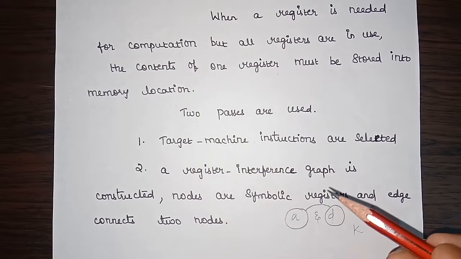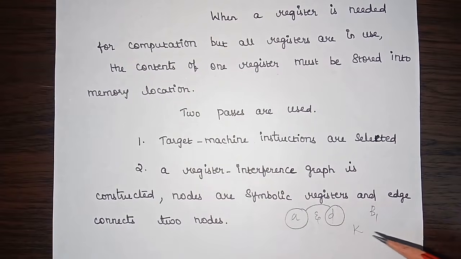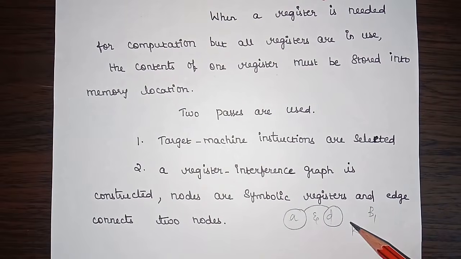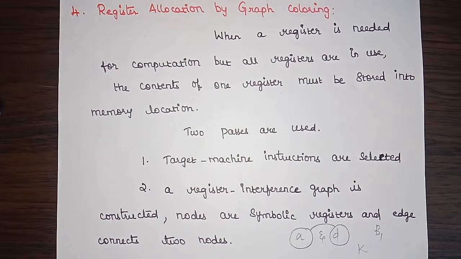Here the color represents the register, and it makes sure that no two symbolic registers can interfere with each other, that is, no two adjacent nodes should have the same color. It means that a register is not allocated to more than one variable at the same time. So this is the second pass of this register allocation method. These are all the register allocation and assignment strategies we have.